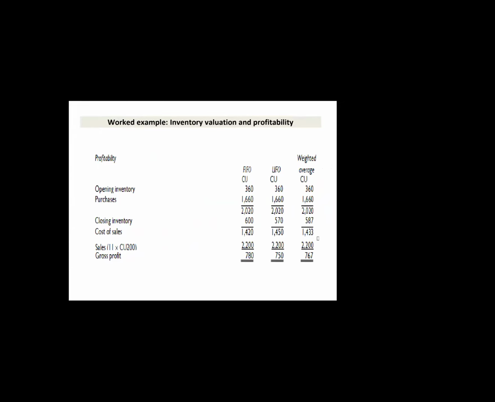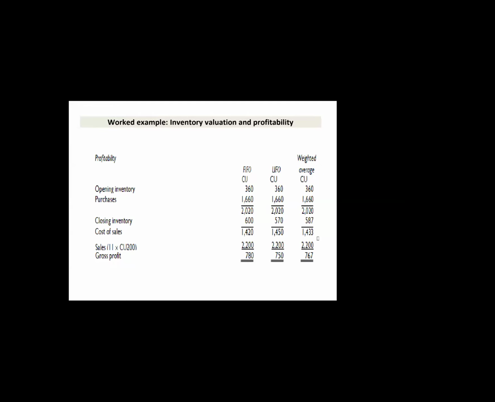So our cost of sales is 1420 under FIFO, which we calculated earlier, 1450 under LIFO method and 1433 under weighted average method. And our sales value is 2200. So profit is under FIFO 780, under LIFO 750 and under weighted average 767. As I said earlier, the higher value of closing inventory shows a higher amount of profit.